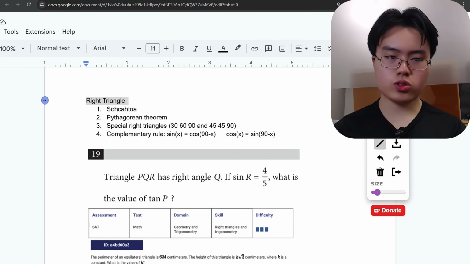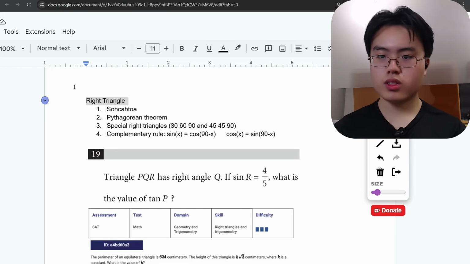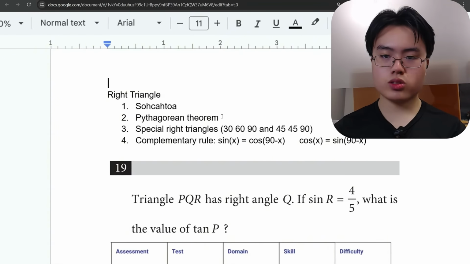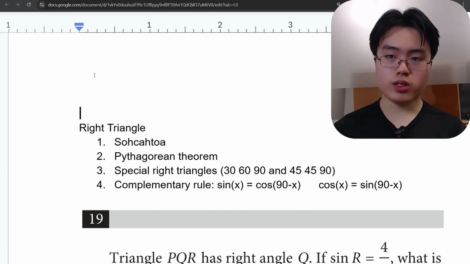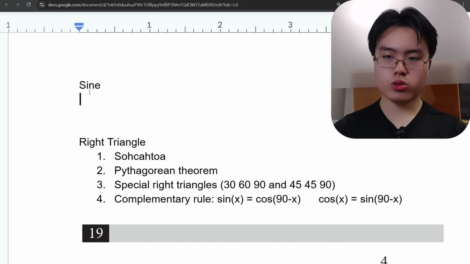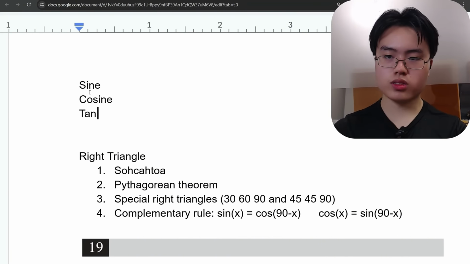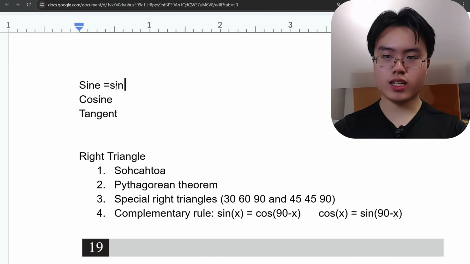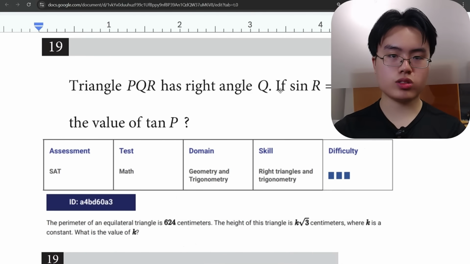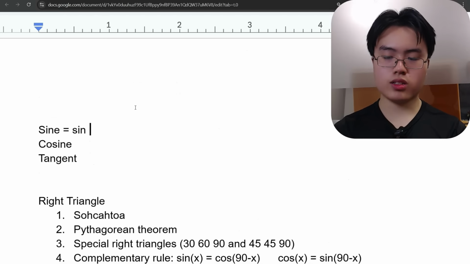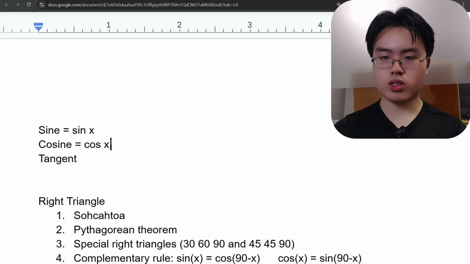So this should be a refresher for most of you, but I'll go over this. Okay, so SOHCAHTOA, what is SOHCAHTOA? SOHCAHTOA is an acronym. First of all, you need to know the different trig functions: sine, cosine, and tangent. Better known as sin, cos, and tan, because on the calculator or on the SAT, you'll see sin of an angle, let's just use x, and cosine of an angle and tangent of an angle.